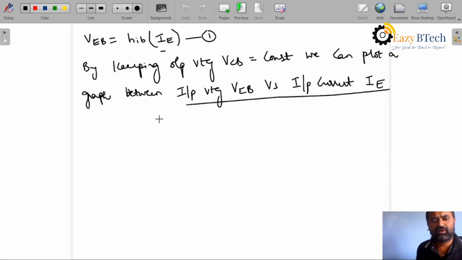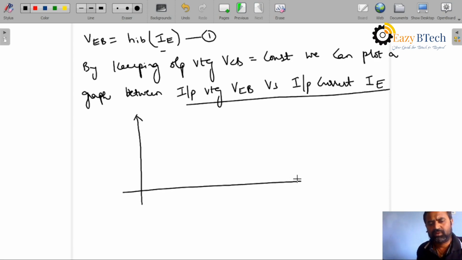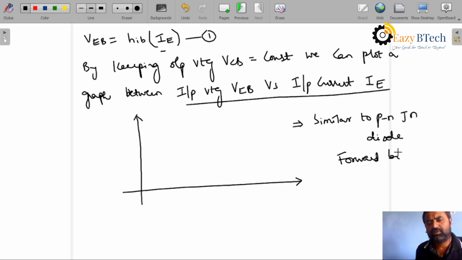Now if you plot a graph here, it is similar to PN junction diode forward bias characteristics. Okay, this side is IE current, this side is VEB. Now initially you will get the graph.